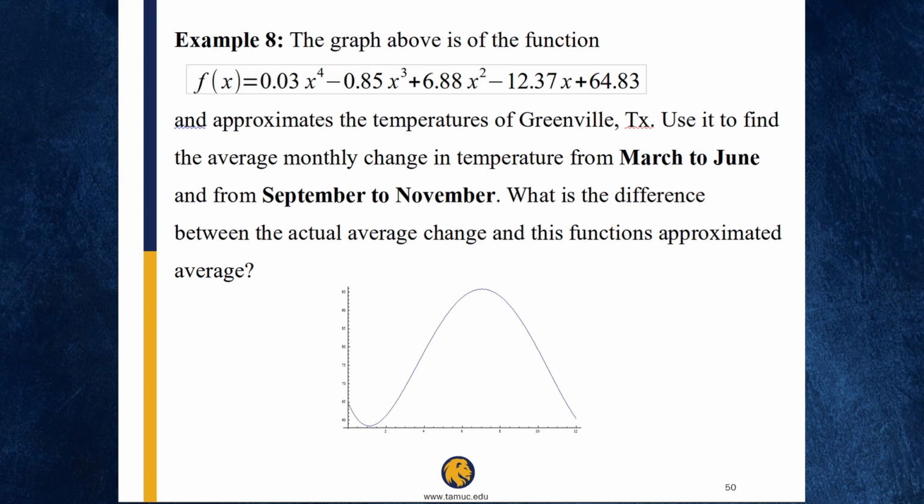What we can do with data points often is create a function to fit as best as possible through the points with a curve. And so the graph of this function here, f of x equals all the stuff, is an approximation for the temperatures. We're going to use it to determine the average rate of change between March to June and September to November.